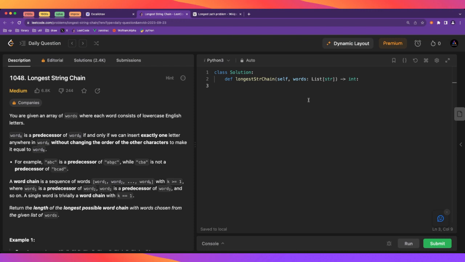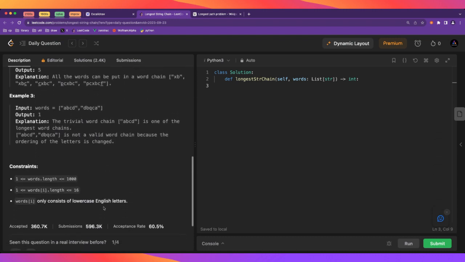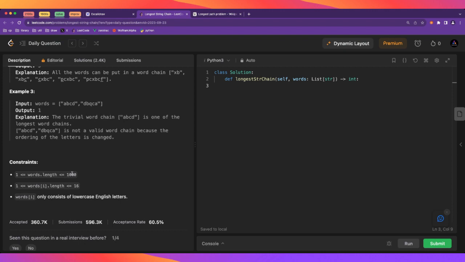The most brute force way would be to just consider all the pairs of words and check if one is a predecessor of the other, which would be easy. But the problem is that that's going to require going over all the pairs, which is quadratic. The size here is 1000, so it seems that that could work.